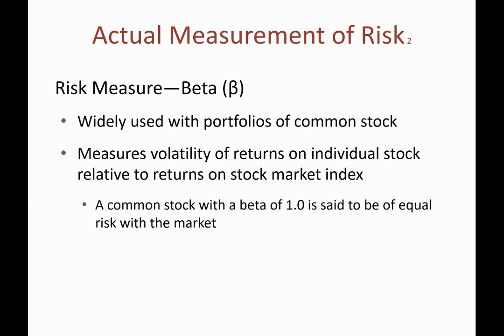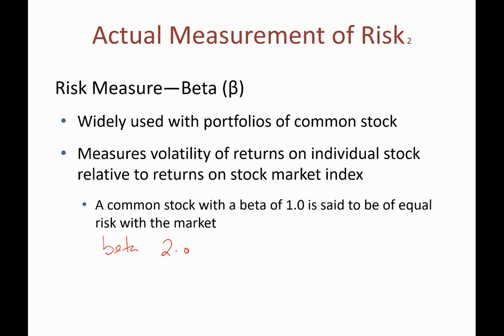An example could be: if the common stock has a beta of 1, then it is said to be of equal risk with the market. And if you have an individual stock that has a beta of 2, then we are saying it is more risky than the market.